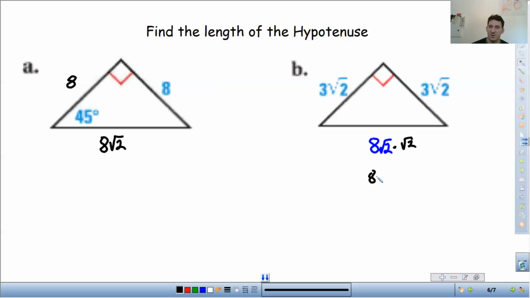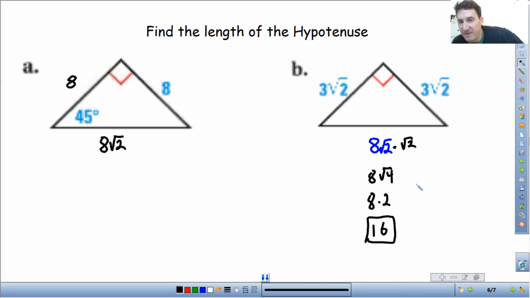So root 2 times root 2 is root 4, and the square root of 4 is 2. So 8 times 2 is 16. There's a little bit of multiplication you have to do with problems like that, so be aware and simplify fully. We can't leave it as 8 times the square root of 4. We know what the square root of 4 is, and we can multiply that all the way out.